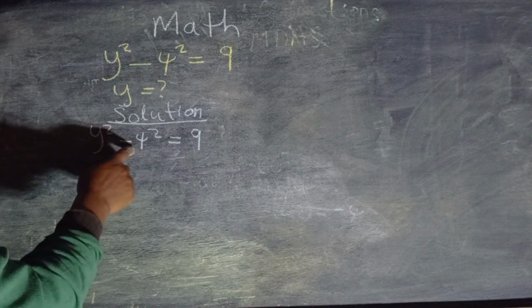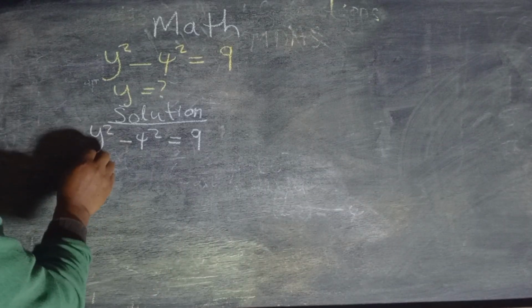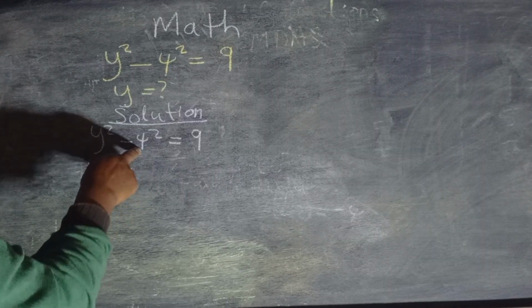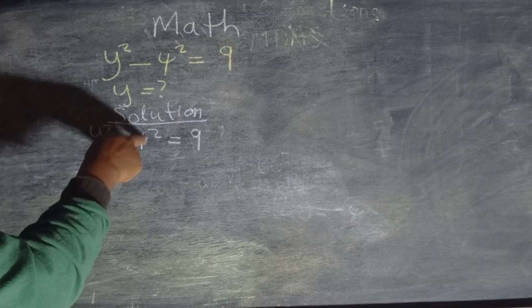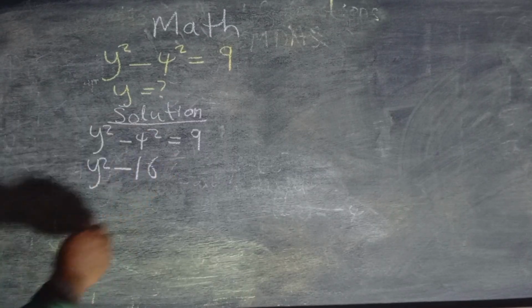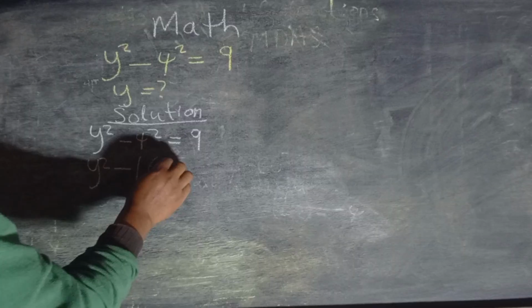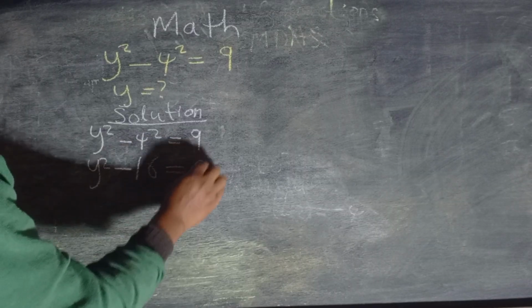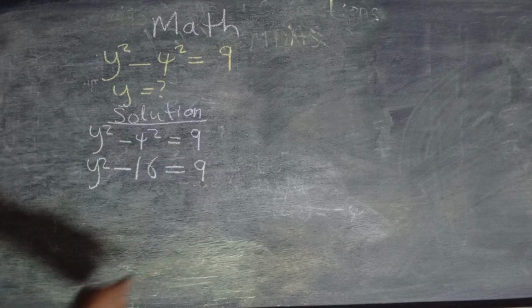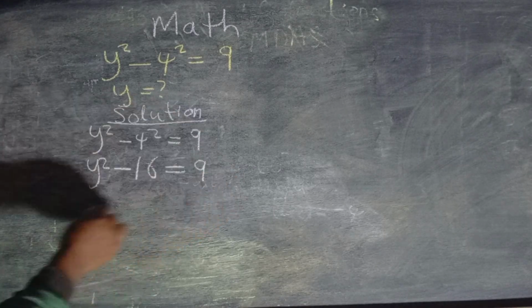So if we have something like this, we will have y² minus 4 times 4, which will still give us 16. Okay, is equals 9. Now we make y² the subject of the formula, or we bring like terms together.